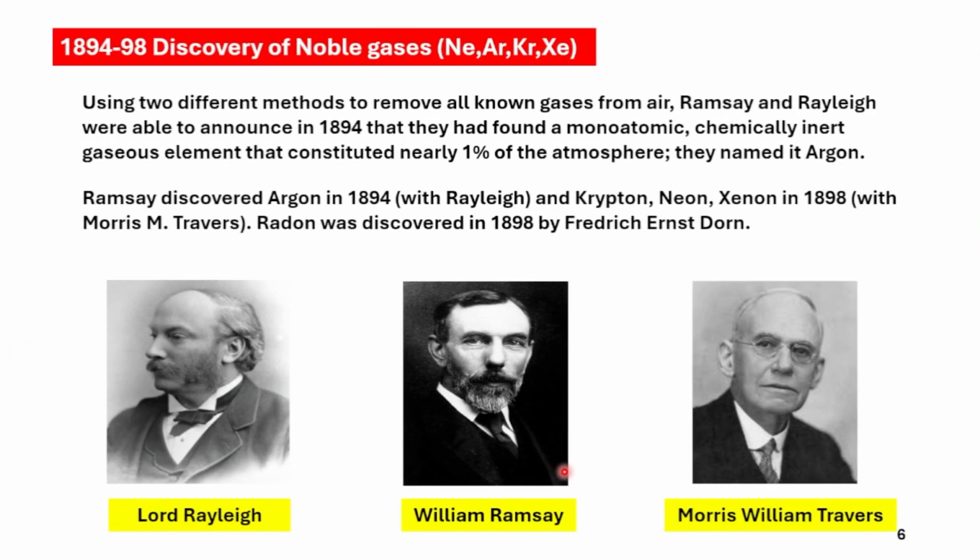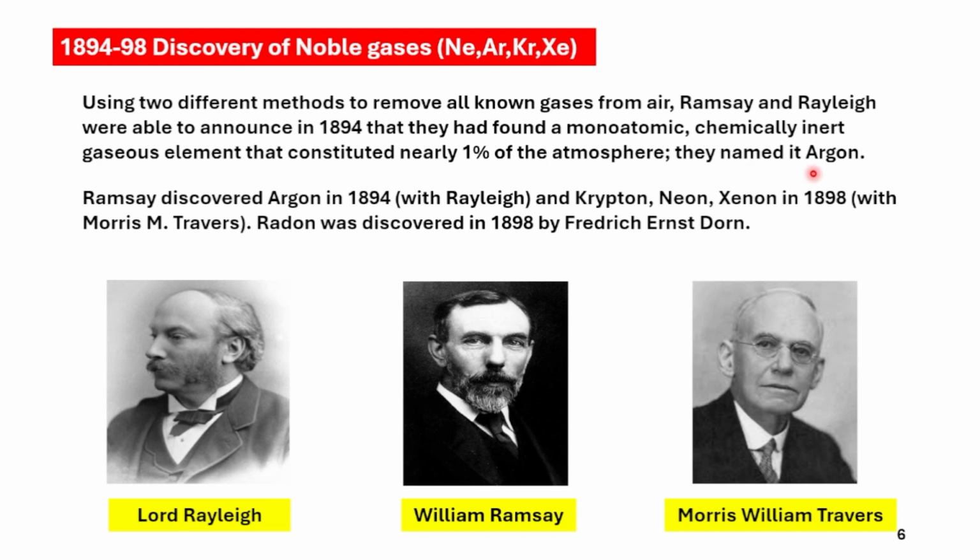So, the discovery of noble gases came into the picture in the time of 1894 to 1898. Using two different methods to remove all known gases from air, Ramsay and Rayleigh were able to announce in 1894 that they had found a monoatomic, chemically inert gaseous element that constituted nearly 1% of the atmosphere.